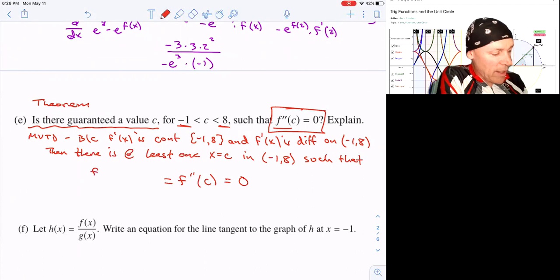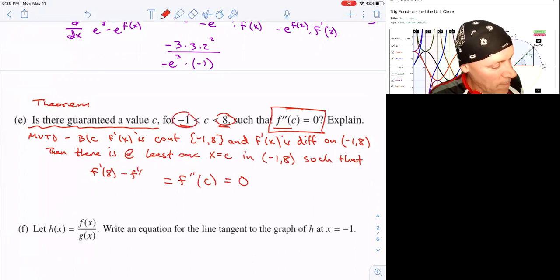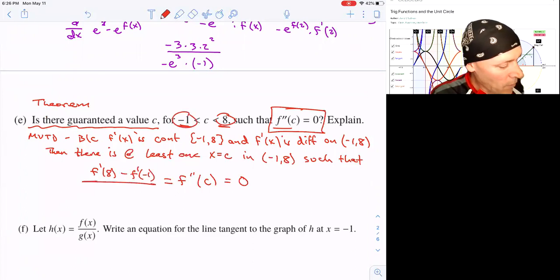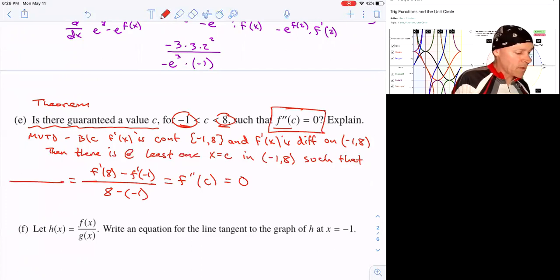This is where we're one up from that second derivative. So it's going to be f prime at 8 minus f prime at -1 over 8 minus -1. Now, I can't leave it there because I've got that function notation, so I just need to take that out: f prime at 8 and f prime at -1.